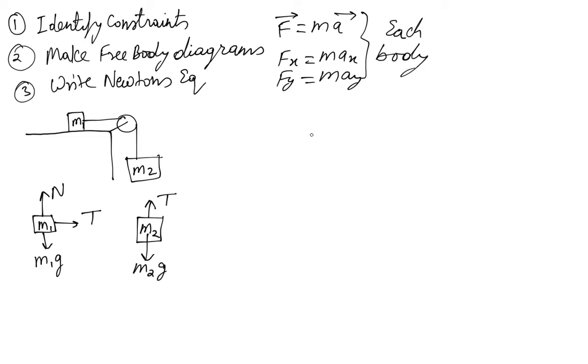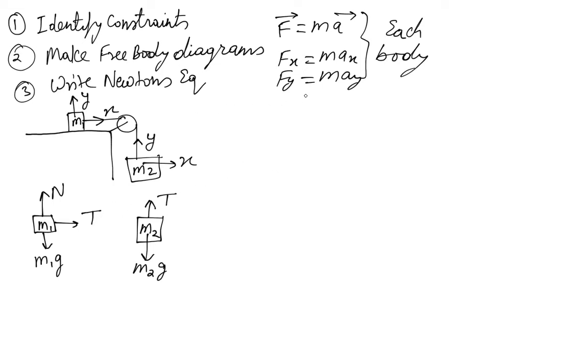So let's write Newton's equations for these bodies. But first of all, let's define an axis system. For this body, let's say this is the x-axis and this is the y-axis, and for this one, this is the x-axis and that is the y-axis, right?